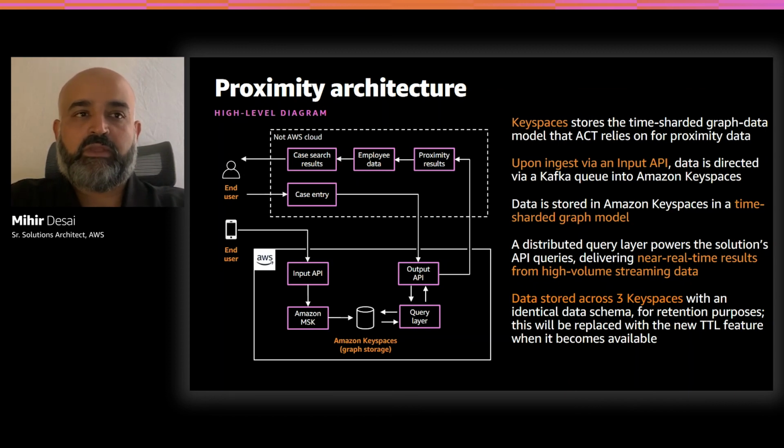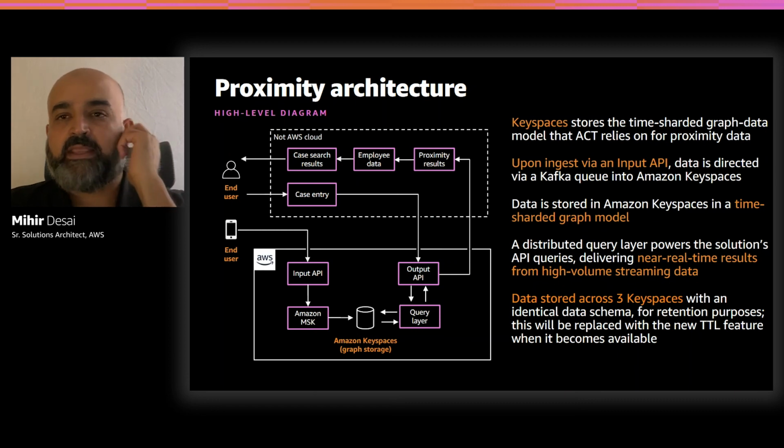The Kafka queue is the service called Amazon MSK, which is a fully managed service, Amazon Managed Streaming for Apache Kafka, which is the full name of MSK. The output of the queue writes the data to Keyspaces, and it is stored in Keyspaces in a time-sharded graph data model. A distributed query layer powers the API queries from the output API and delivers real-time results back to the front-end portal.